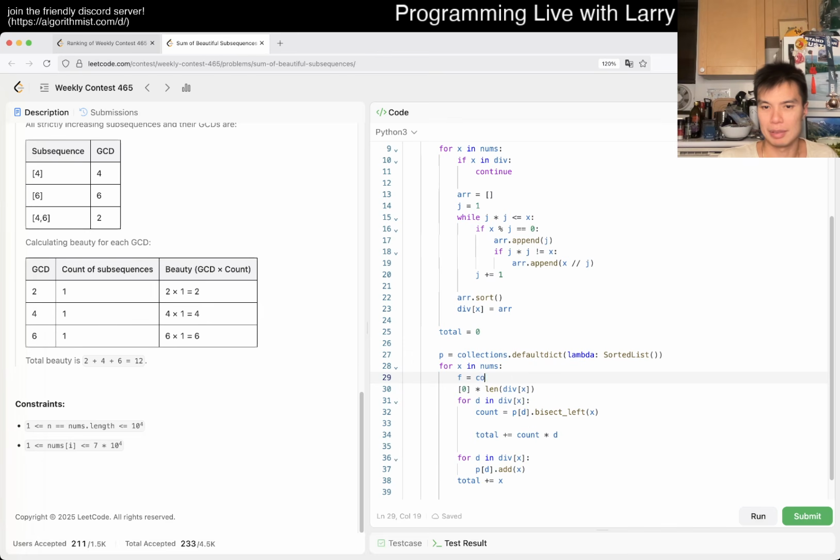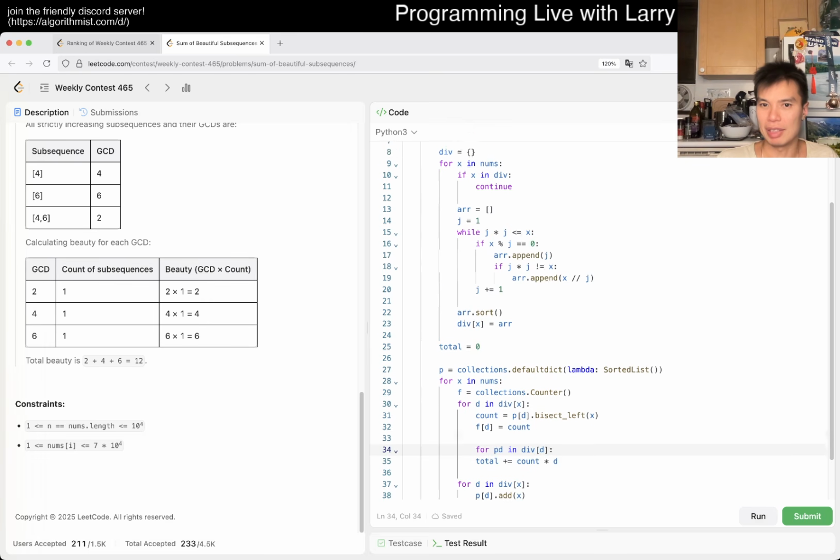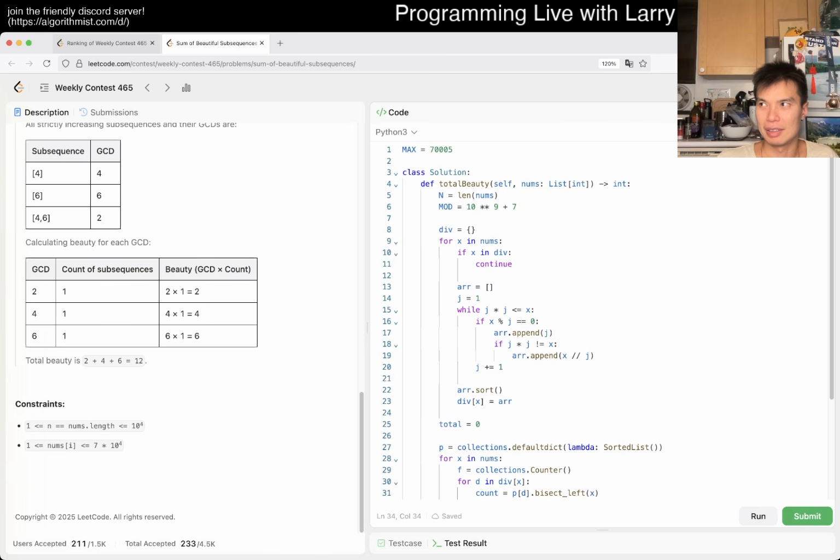Maybe just write it so that f of d is sorted, and now it's equal to count, and then maybe we just do my previous d, but dp is too confusing, in div of d, but then we have to calculate this d.